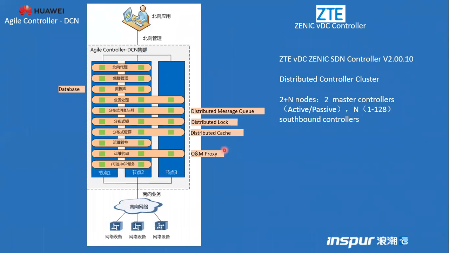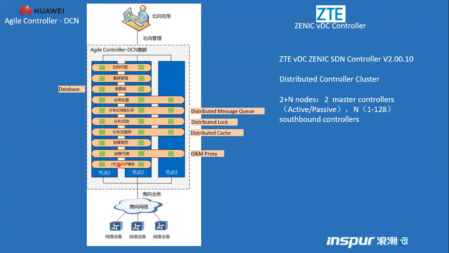Actually, I also checked some commercial products. Here are the Huawei controller for DCN and the ZTE controller. They also use a similar way. For the Huawei controller, they take some components from ONOS and some components from Opendaylight, so it's a mix of ONOS and Opendaylight.